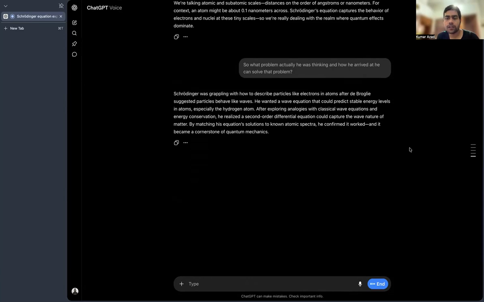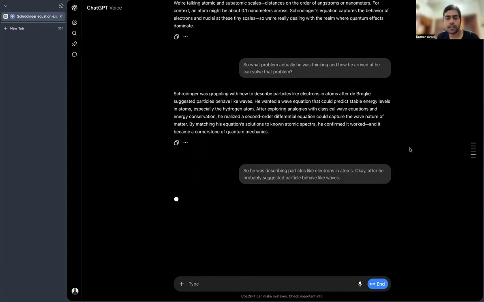So, he was describing particles like electrons in atoms, after de Broglie suggested particles behave like waves because they have a wavelength lambda associated with them. So he wanted a wave equation that could predict stable energy levels in atoms.